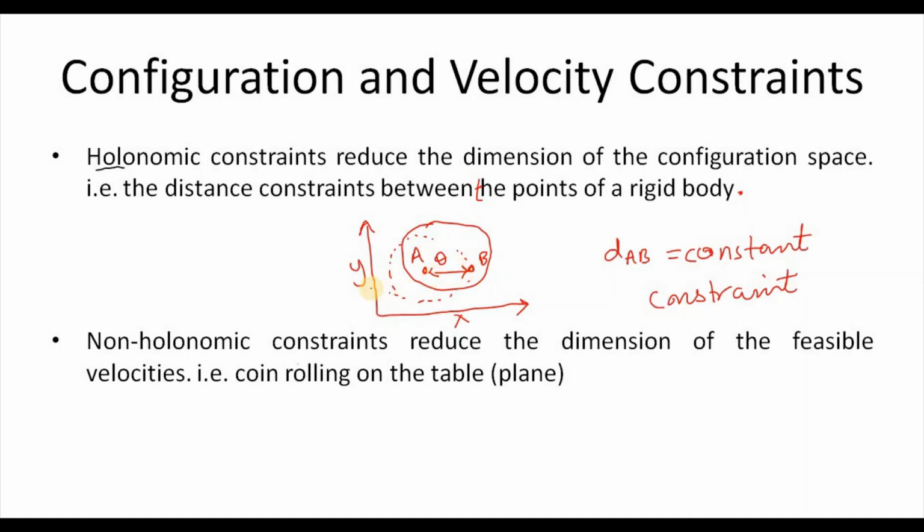Then we have another type of constraints, called non-holonomic constraints, and they reduce the dimension of the feasible velocities. Now take an example again of a coin rolling on a table or on a plane.